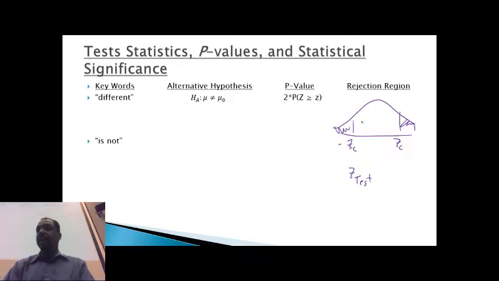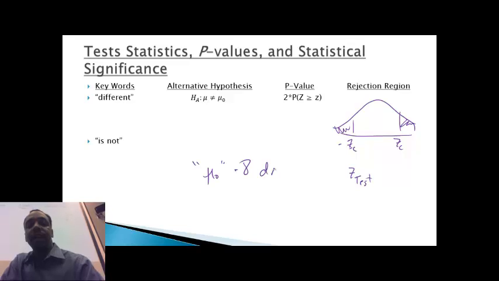And we have an example here. Now mu naught is the hypothesized value for the mean. So in our case, mu naught would be, I think we thought that students had like 8 drinks on average. Or we even said, I think it was 7.